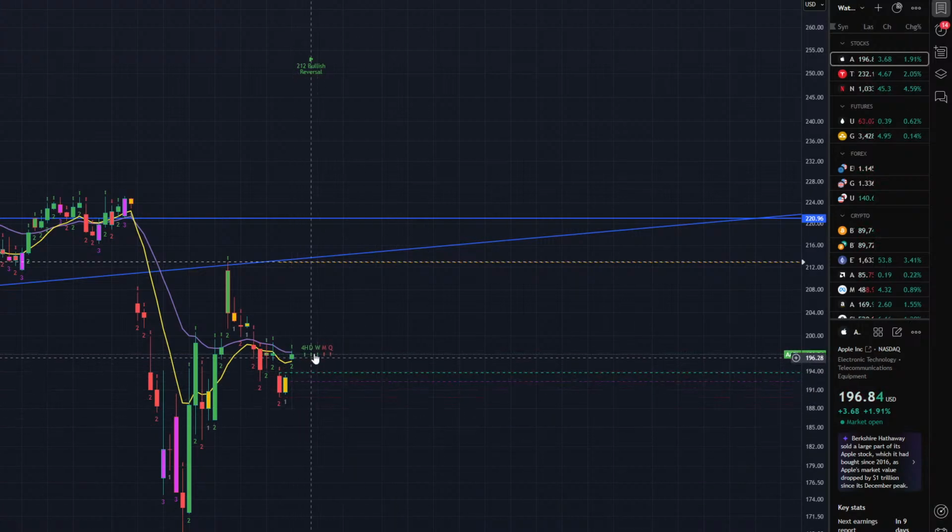So yeah, Apple gapped up a little bit. It's about to go test like 198. See what it does there before it tries anything else.